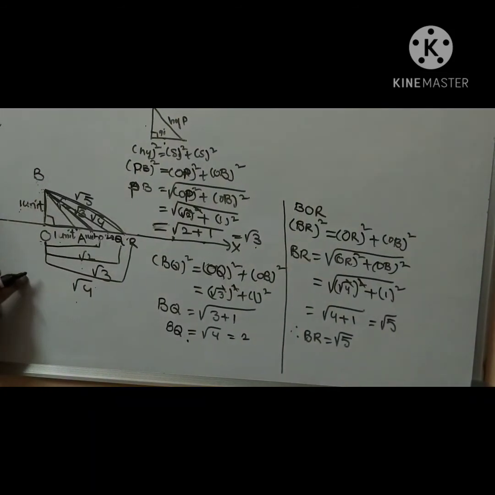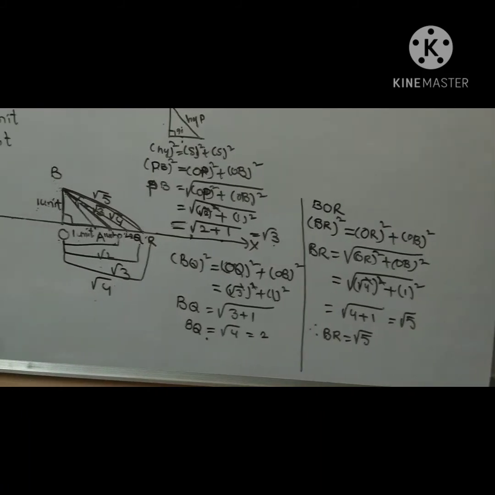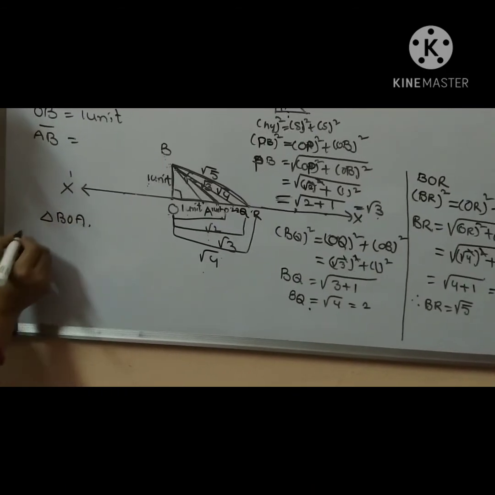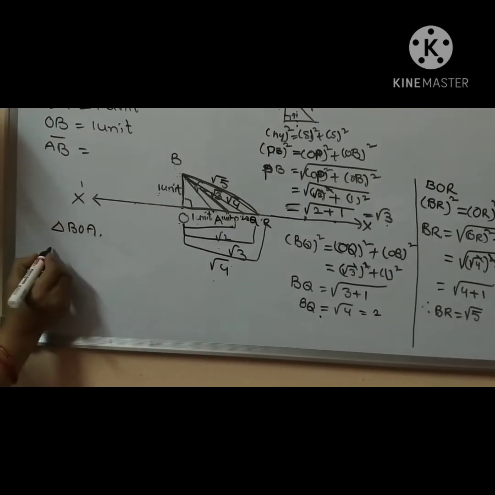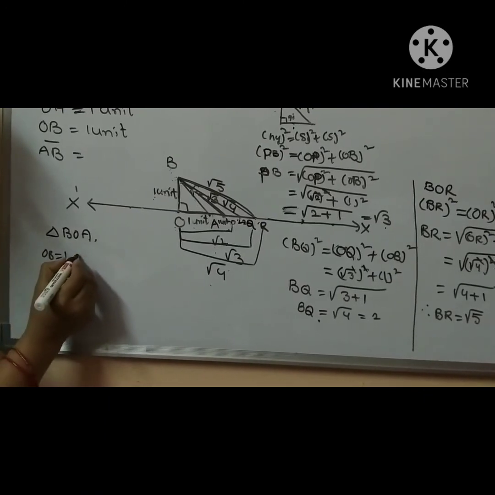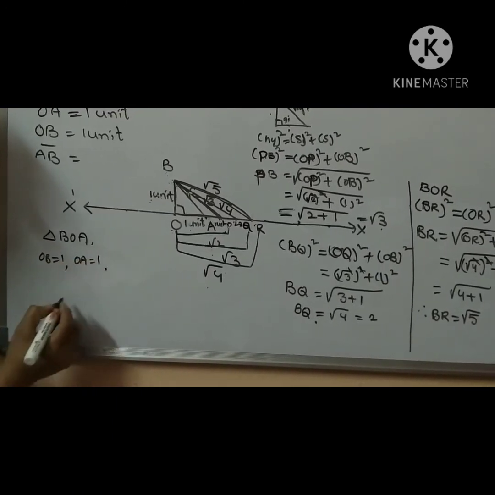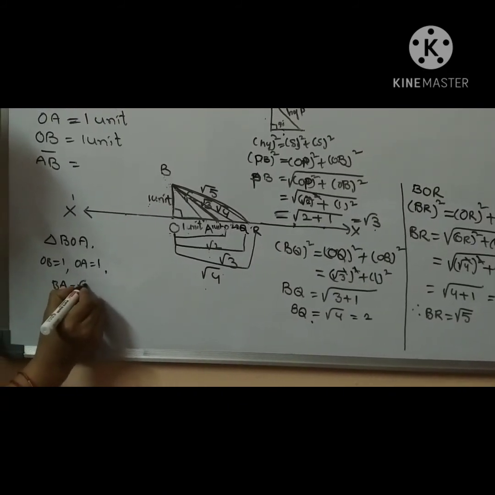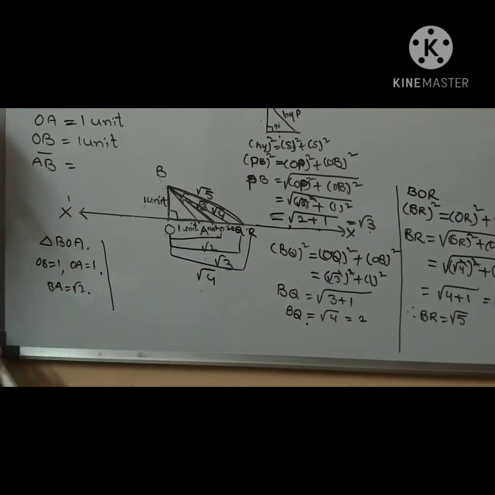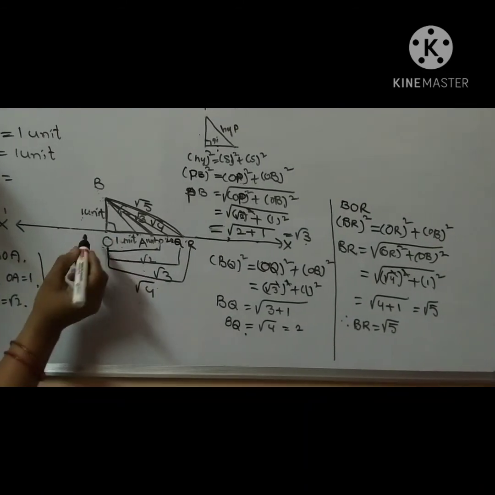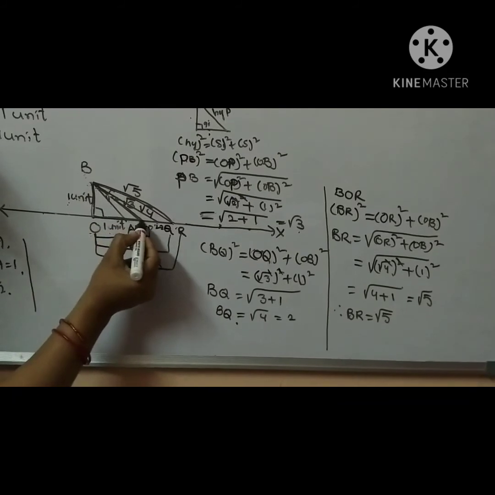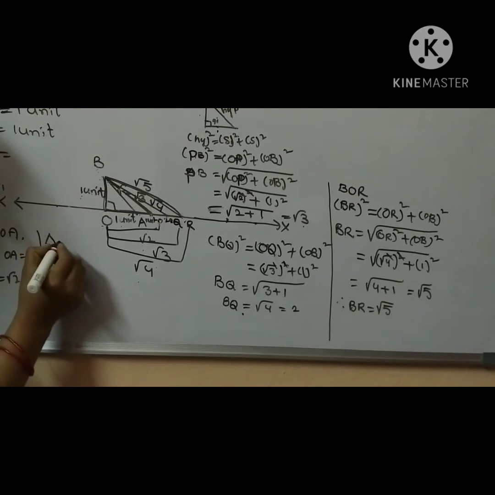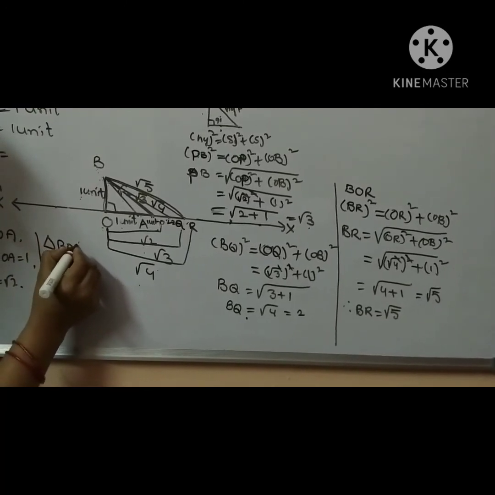So in this case, first we learn to apply the right angle triangle BOA. In the case of OB equal to 1 unit and OA equal to 1 unit, you find AB equal to the distance of root 2. It is the one case. Okay children. So here next one, right angle triangle BOP.